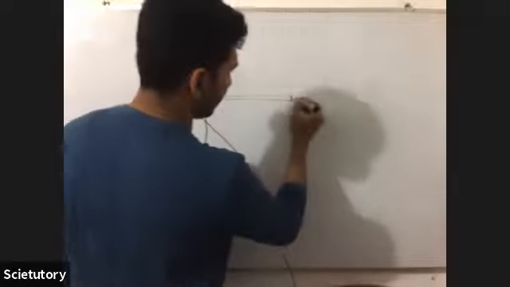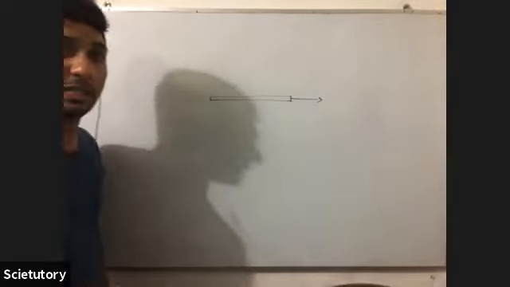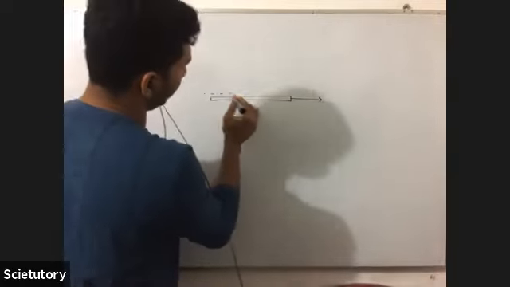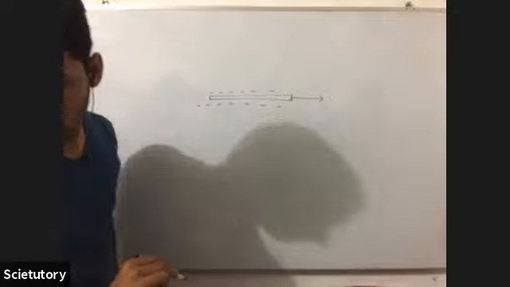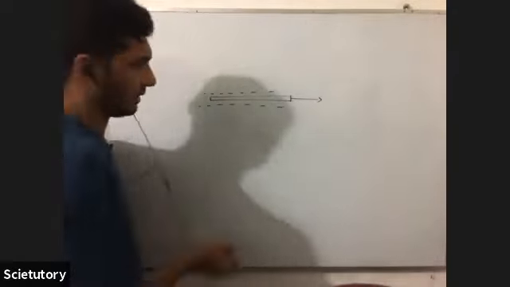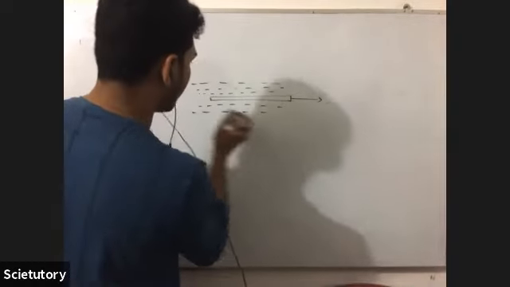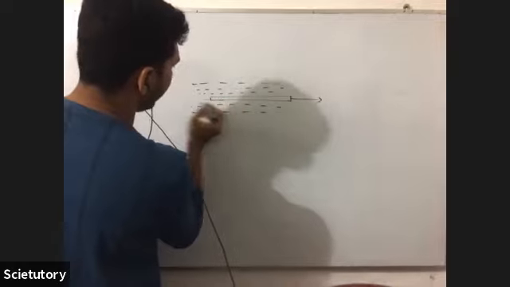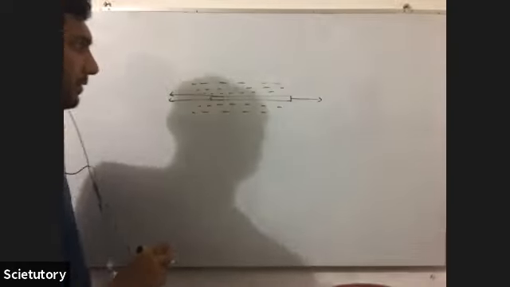So if you pull this like this, it is moving in relation to the liquid layers which are in contact with this thin plate. So this layer will give a force like this. This layer will also give a resistance force like this.